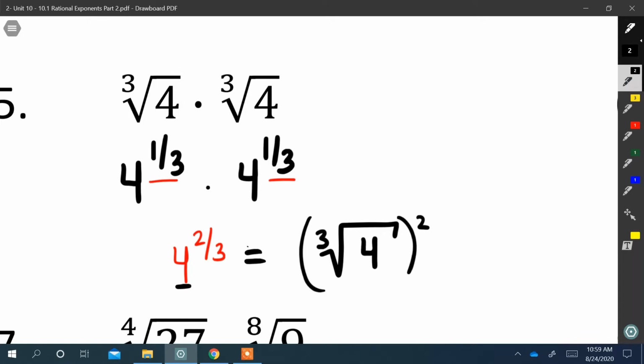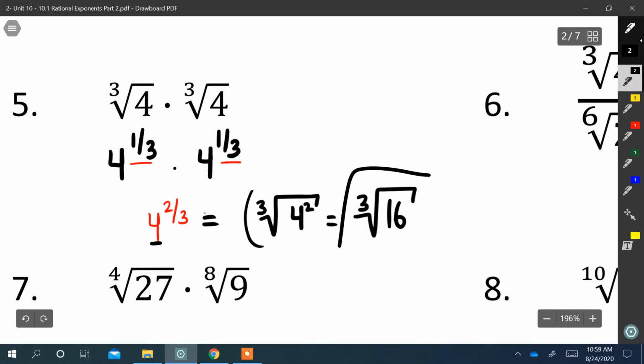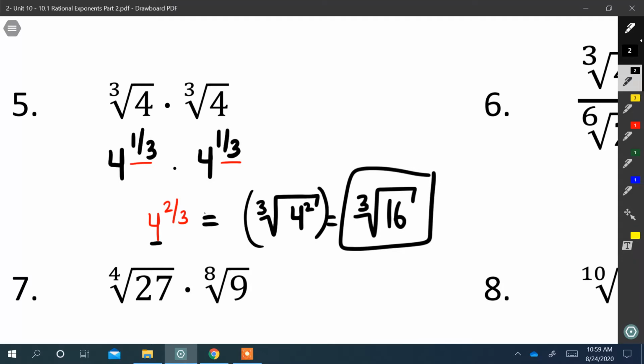That will be simplest radical form. What some people do as well, this 2, they write it like that, and then they write this as 16. So that's another answer that you can write as well.